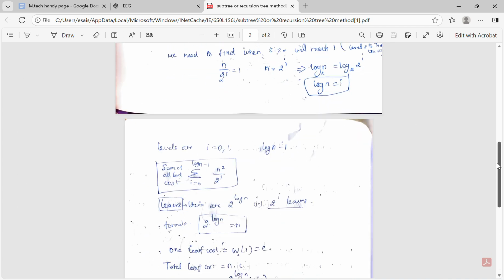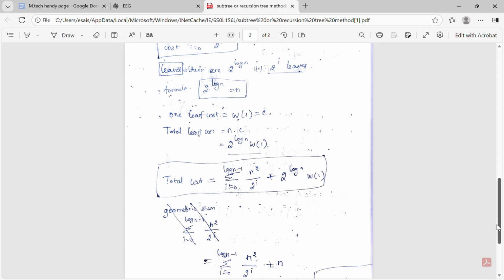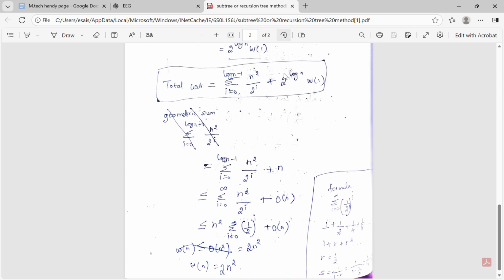So 2 power I here is 2 power log n. 2 power log base 2 of n is equal to n only, and then we have this sum, I equals 0 to log n minus 1, which is less than or equal to the sum I equals 0 to infinity. When we apply the sum till infinity, definitely the sum until log n minus 1 will be less than the infinity value.